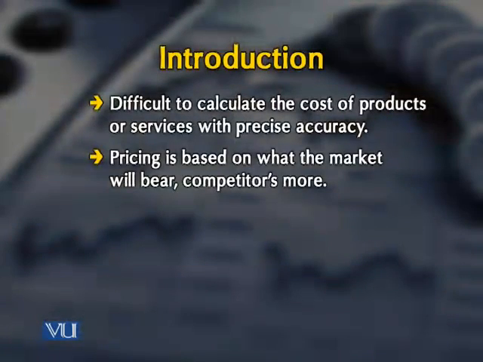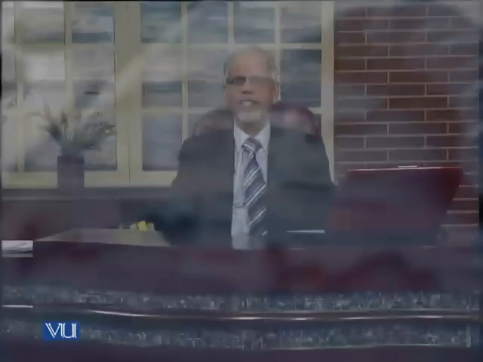Now, pricing is normally based on what the market will bear, competitors' moves, and so on. So again, the question is, we can't just keep on adding cost and charging our customer whatever price we want. No, we have to be very clear that there is competition and there is a market where we are going to operate. The price is based on cost. Unless you know the cost, you can't fix the right price.